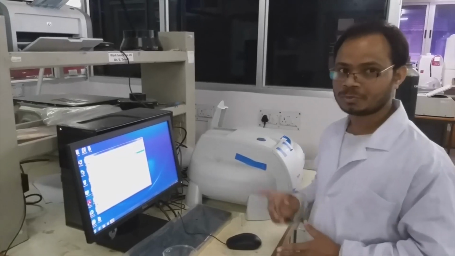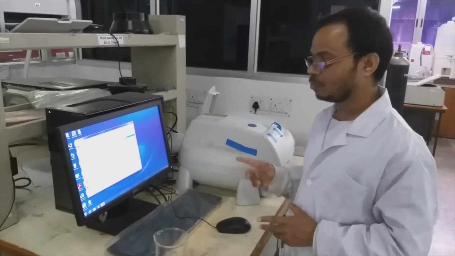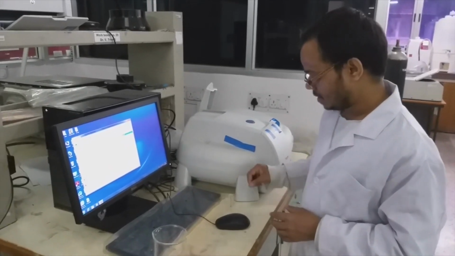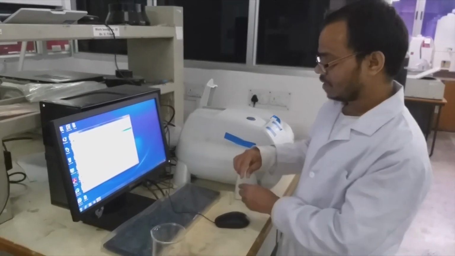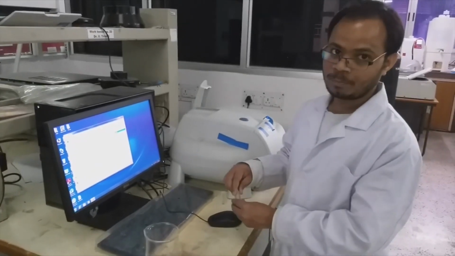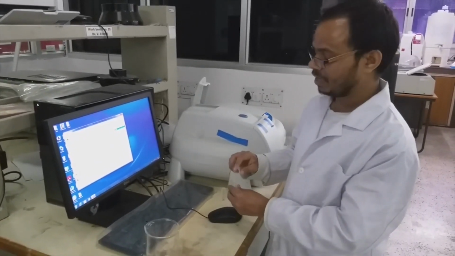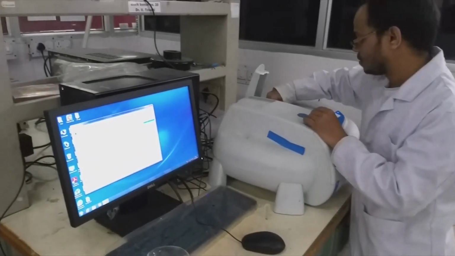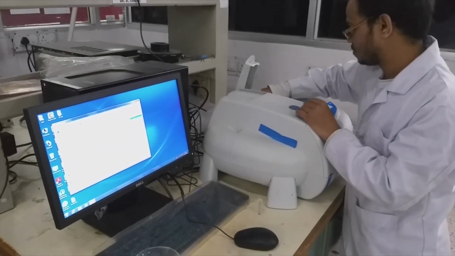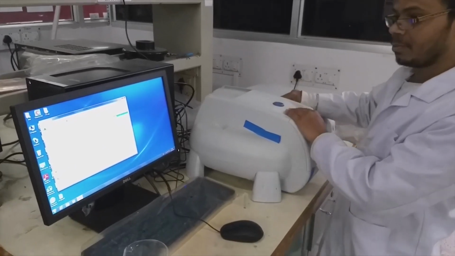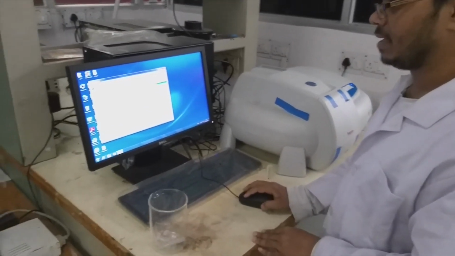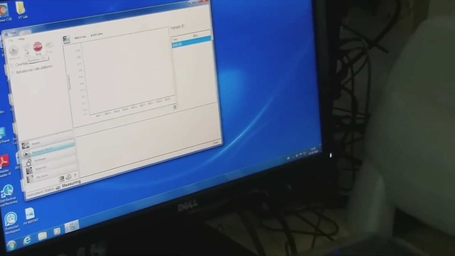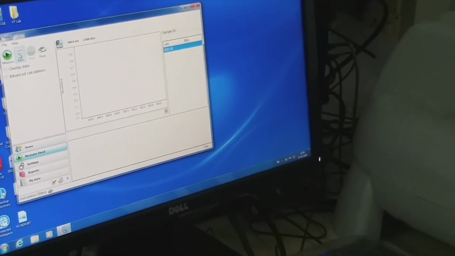I am going to use the spectrophotometer to measure the OD of the bacterial culture. Before doing that, I have to blank against the media. So this is the plain media. I am going to keep it and measure 0. Now it is 0.